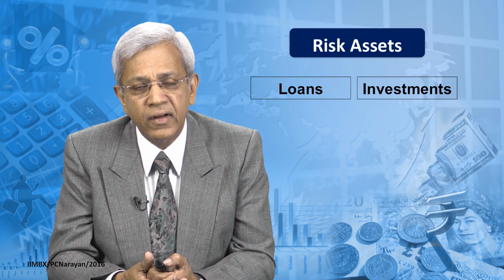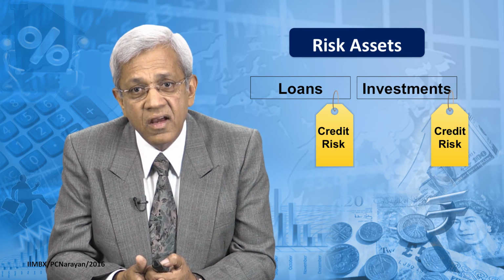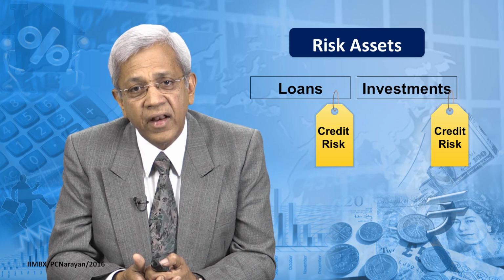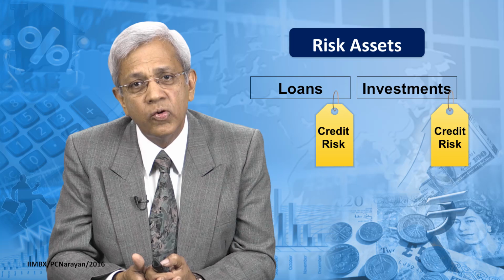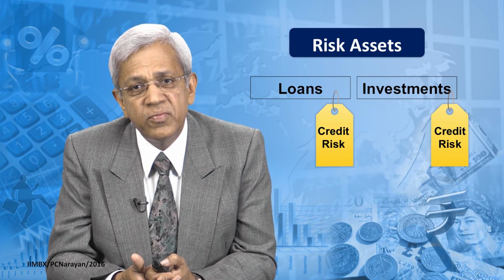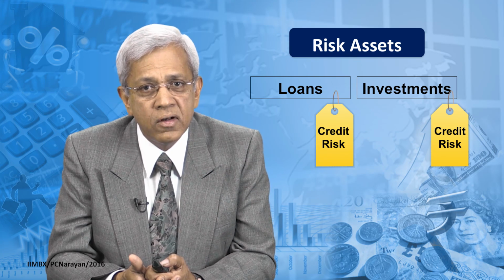Now let's look at risk weighted assets. First of all, risk assets comprise loans, investments, etc. that carry a credit risk. That means a potential loss arising from the risk of the borrowers or the issuers of the bond not meeting their repayment obligations on the loan or the bond.